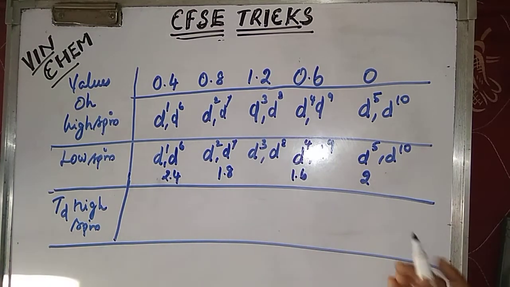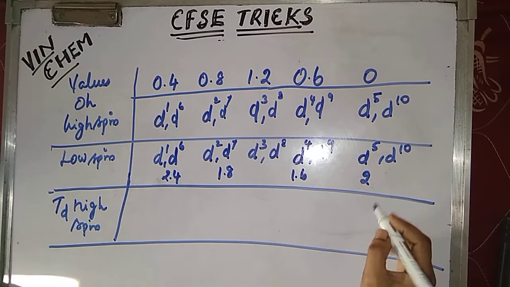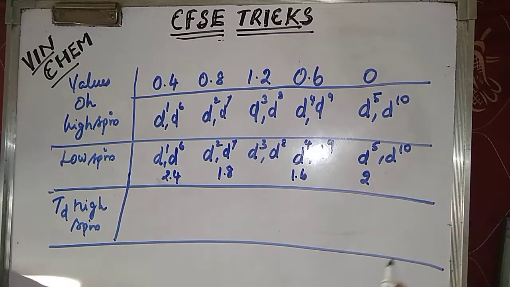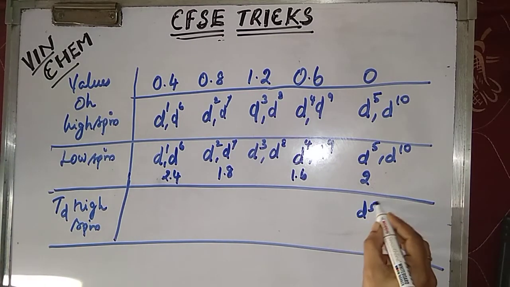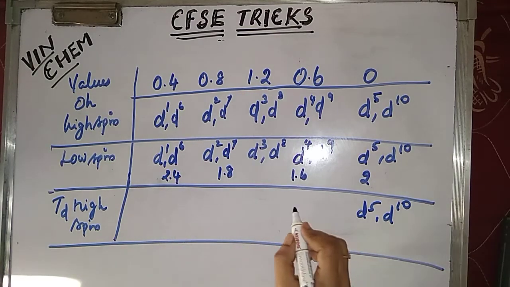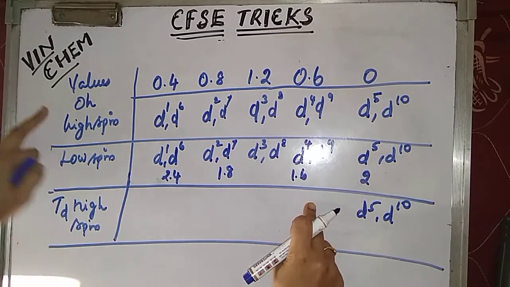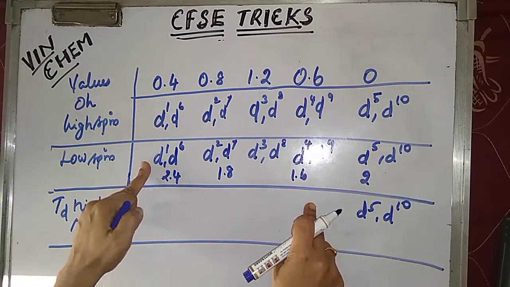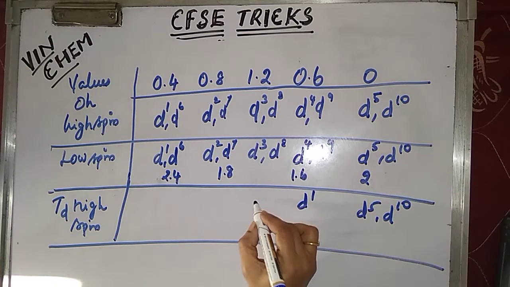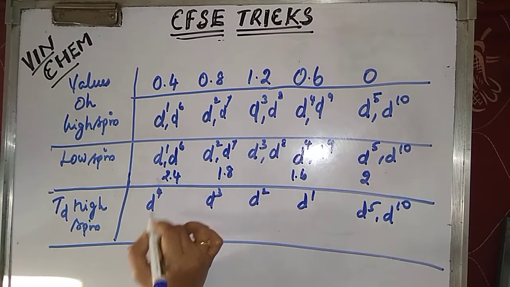It is just the reverse of it. But for d5 and d10, there is no change in that; that is 0. For the d1, we need to start from here, not here. For the high spin and low spin octahedral, we start d1 from here, but in the tetrahedral, we start from here: d1, d2, d3, d4.